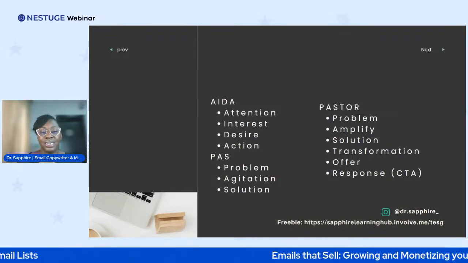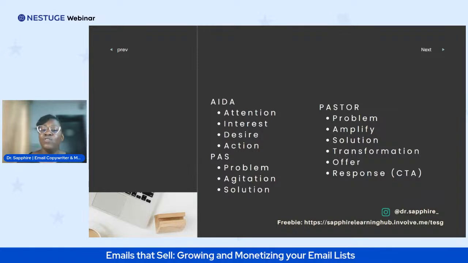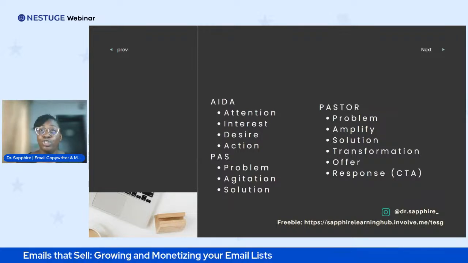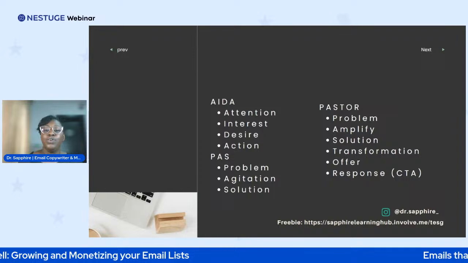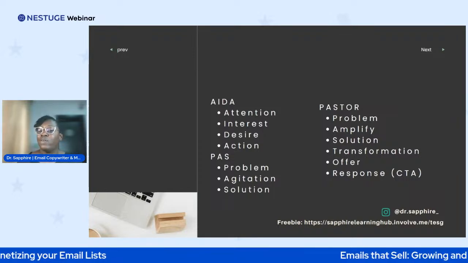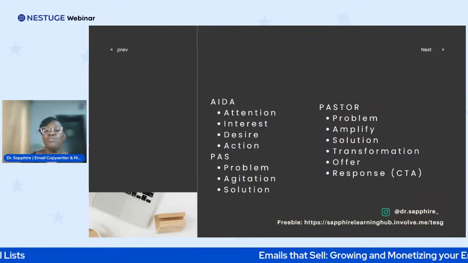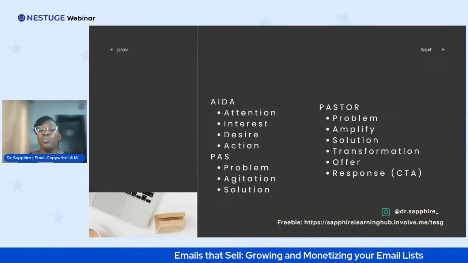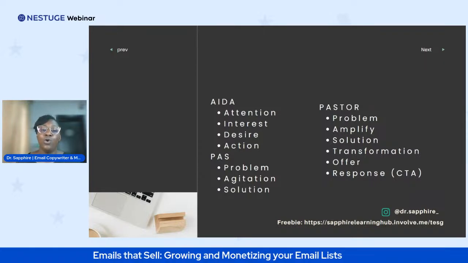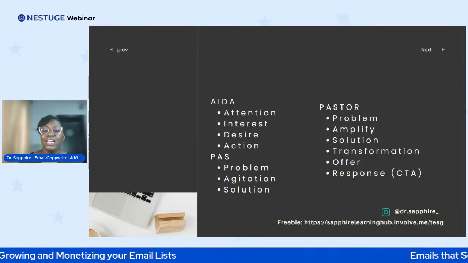And the transformation may not necessarily be somebody's result. It could be an experience. For example, I used to struggle and now I sleep like a baby. So it's not all about making money, but it has to do with how you move from point A, or how somebody who used your offer moved from point A to point B, how they achieved a milestone. Okay. And then we have the response.